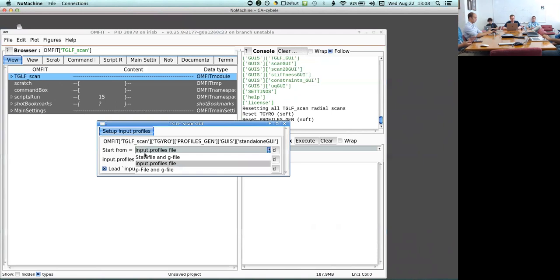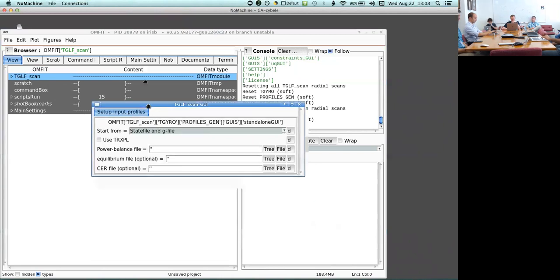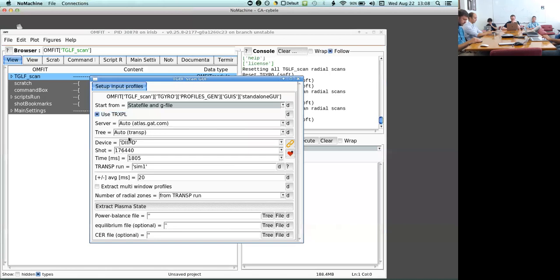So we can choose our state file, our G file, which has experimental values inside, and then we can go and load what shot number and what time in that shot number we want to do our analysis.